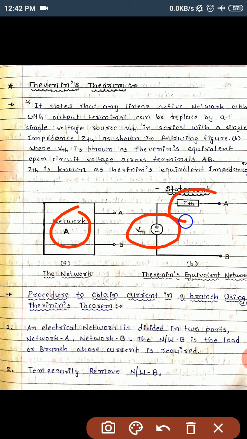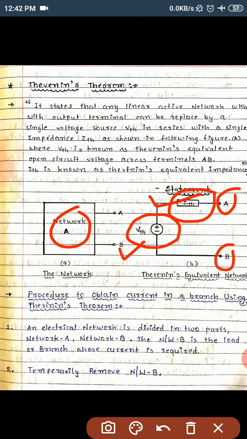This one is ZTH of the entire network A. So any electrical circuit can be replaced by a single voltage source VTH and its equivalent impedance, that is ZTH, across terminals A and B. So this is the actual statement of Thevenin's theorem.